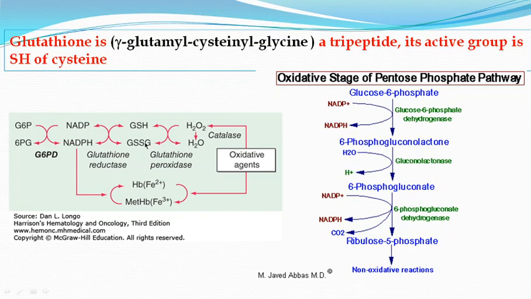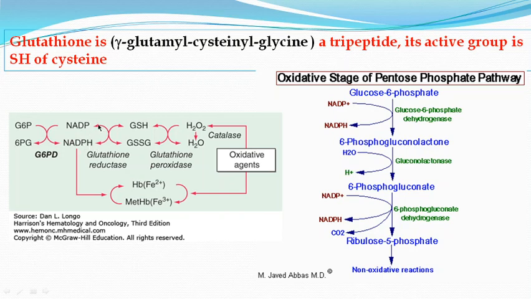To convert the oxidized form of glutathione back to the reduced form, this occurs under the effect of the enzyme glutathione reductase. Glutathione reductase gets its 2 hydrogens to reduce the oxidized glutathione back to the reduced one with the help of the reduced coenzyme 2, which is NADPH. In such a process, NADPH will be oxidized into NADP.